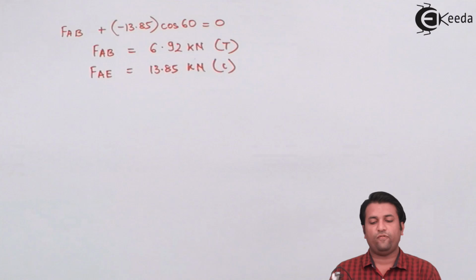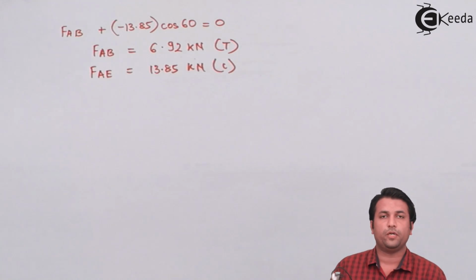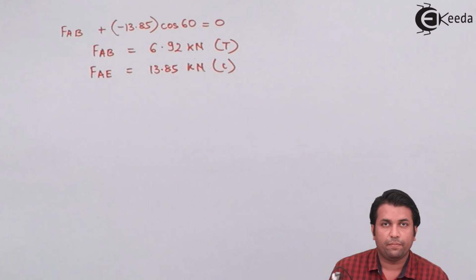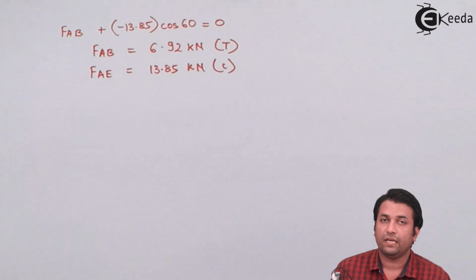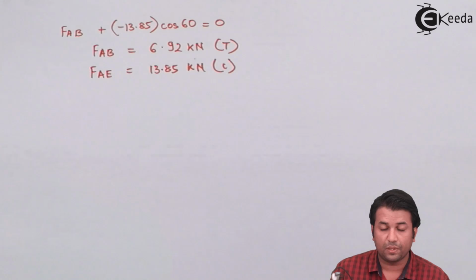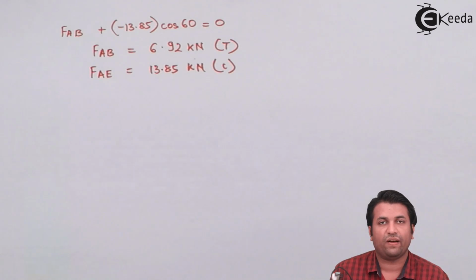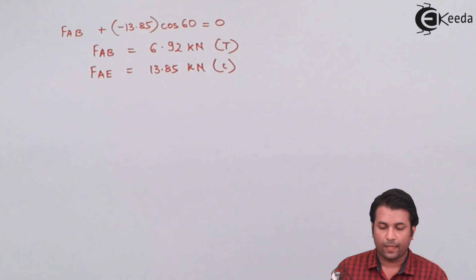Now, I got the value for AB to be 6.92 kilonewtons, which is positive. So the nature of the force in member AB will be tensile, whereas the nature of force in the member AE will be compressive. The reason for that is I got the value as a negative value.